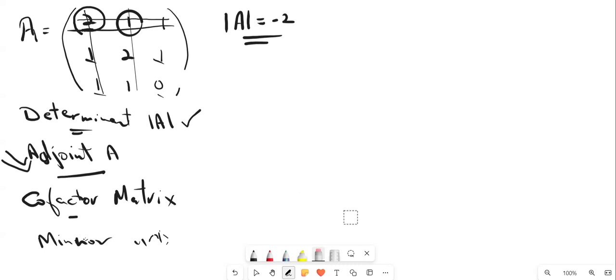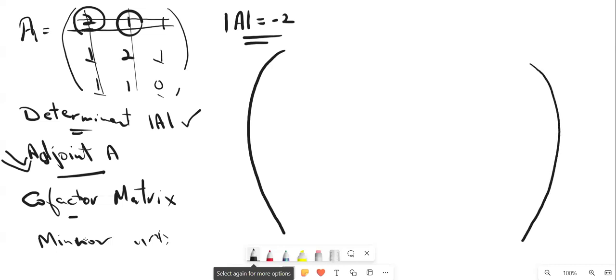I'm going to drop the big matrix here. So you start with, as I said, minus, and it will be 2, 1, 1, 0.